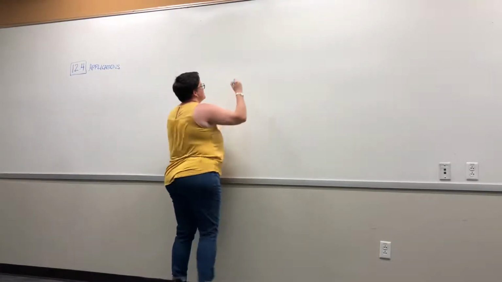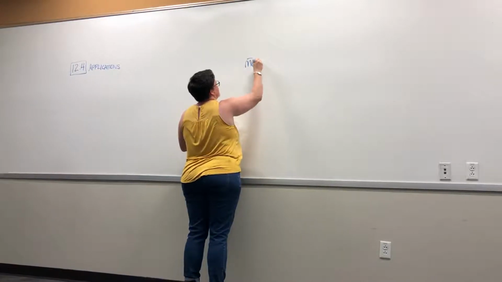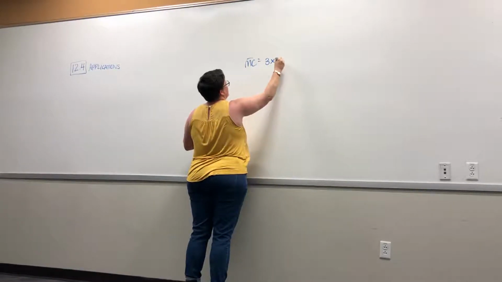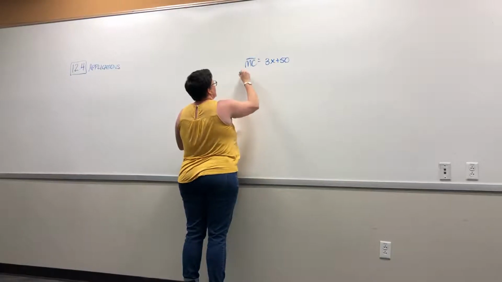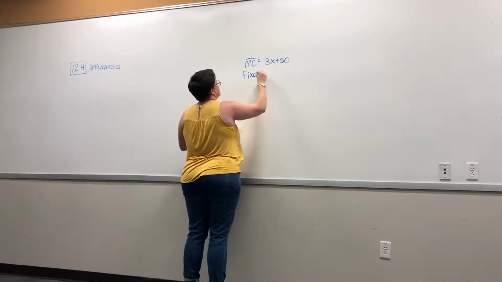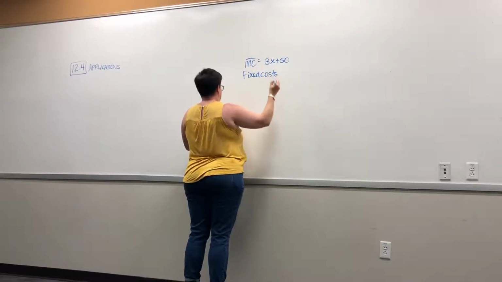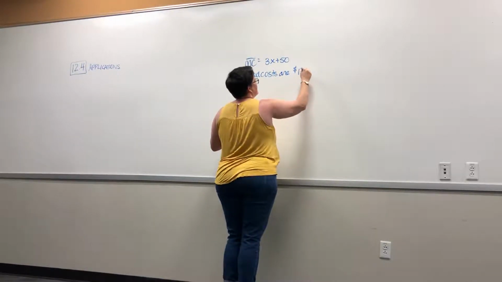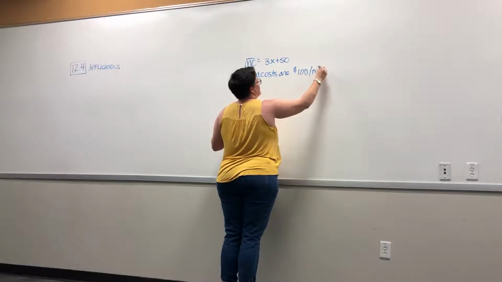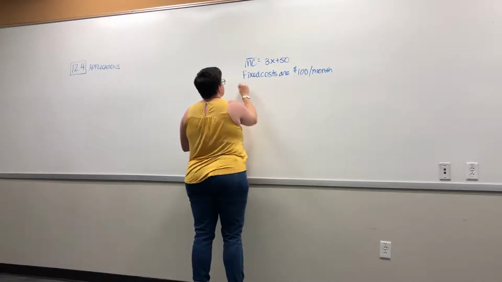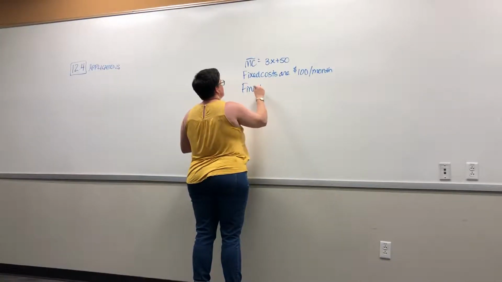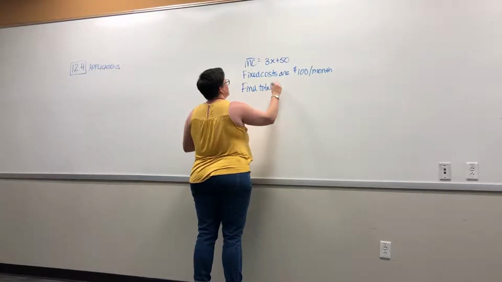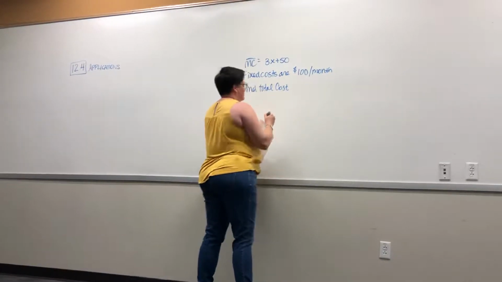So if I give you something like this, marginal cost equals 3x plus 50, and I also tell you that fixed costs are $100 a month, and I ask you to find the total cost function, what are you gonna do?